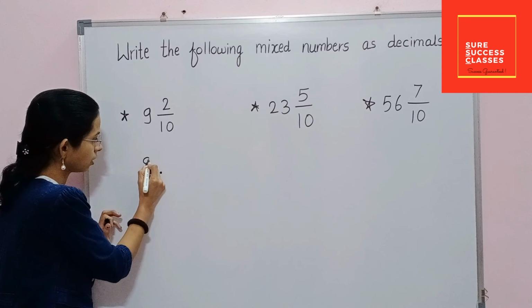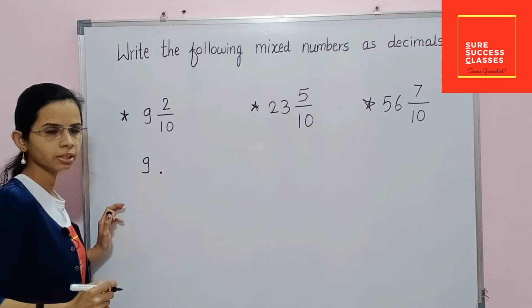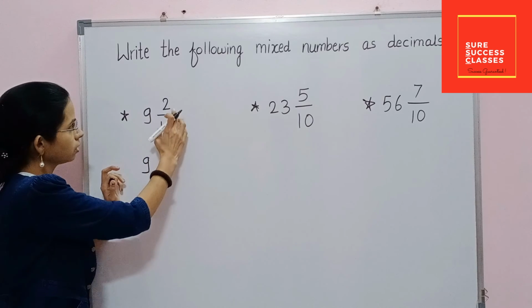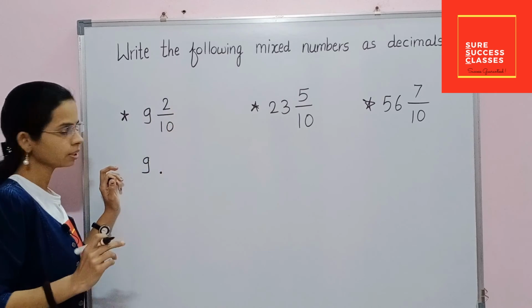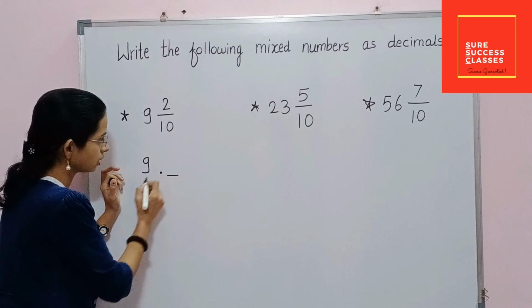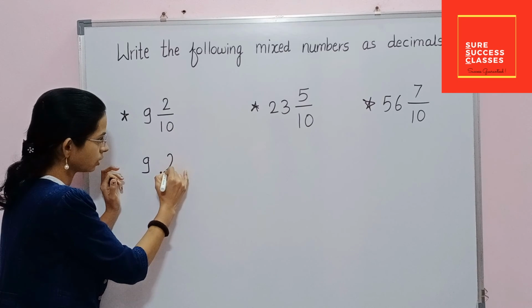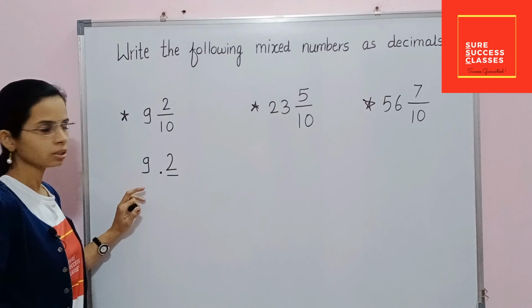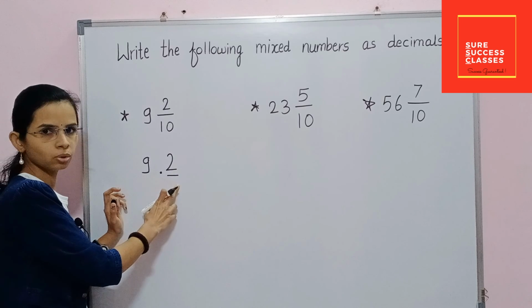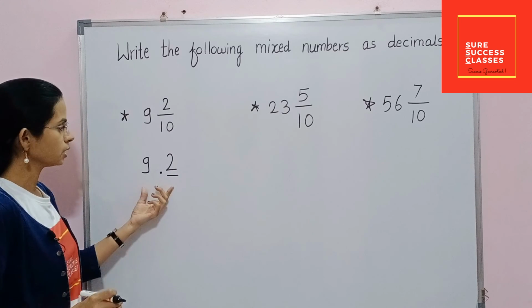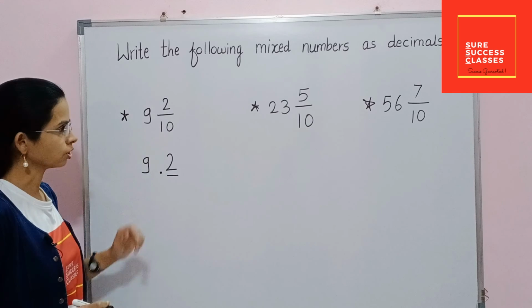So write 9 before the decimal point and then 2 tenth, means 2 is at the 10th place. So we will write 2 here and we read it as 9.2. This is the decimal form of this mixed fraction.